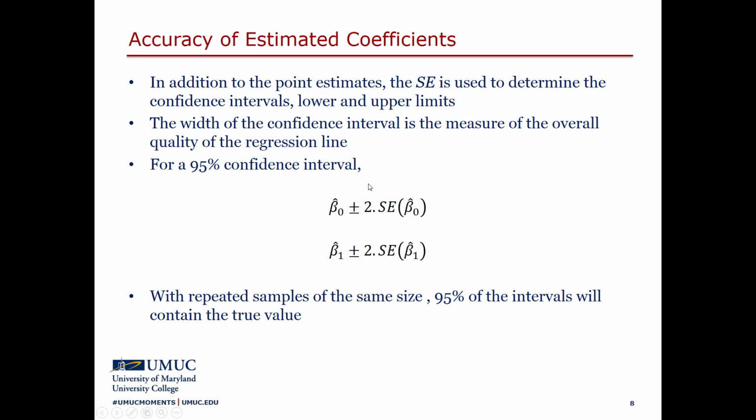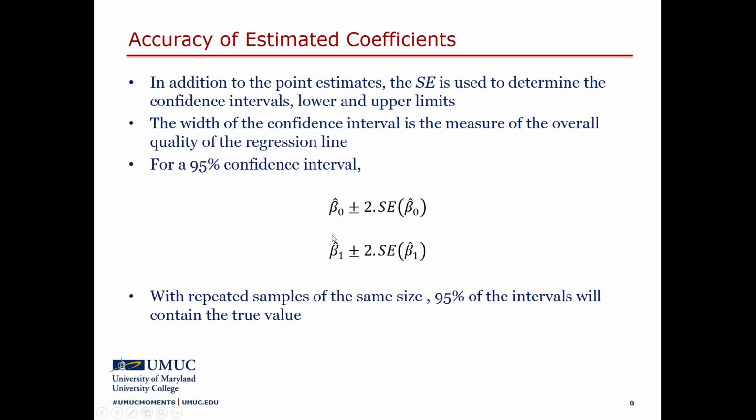The width of the confidence interval is a measure of the overall quality of the regression line, because the larger the variance is, the less useful the estimated value, because the uncertainty will be large. If you have a large confidence interval, you have much uncertainty in the estimated quantity. And if you have a narrow one, which is in general a good thing, you are more certain, to a given confidence level, about the estimated quantity.